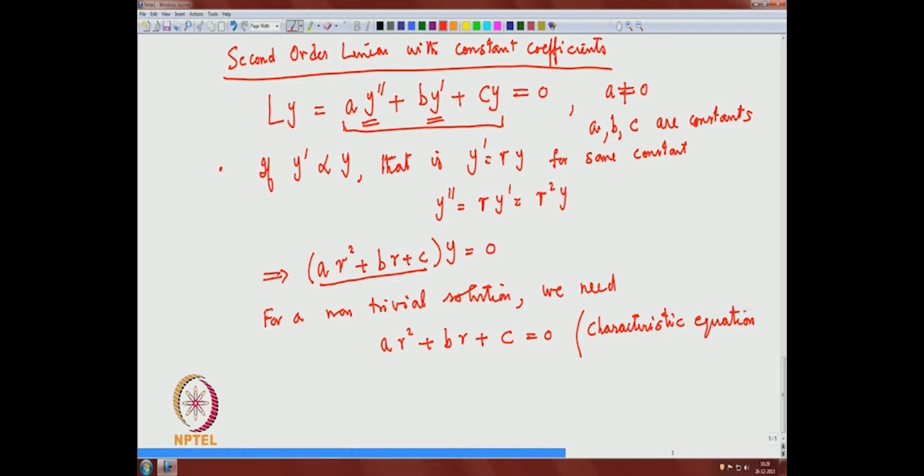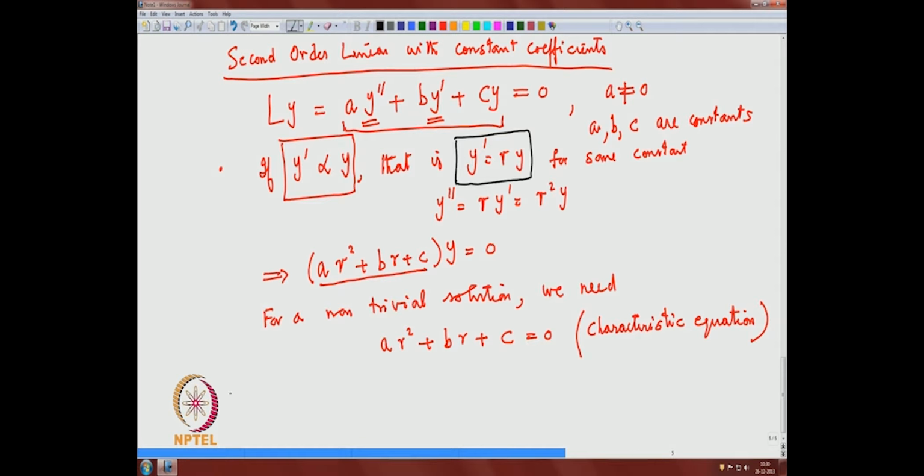So, if you are looking for a solution assuming that y prime equal to alpha y, that is nothing but y prime is equal to r y. So, if y is a solution to this equation, y prime equal to r y, then r will satisfy this.